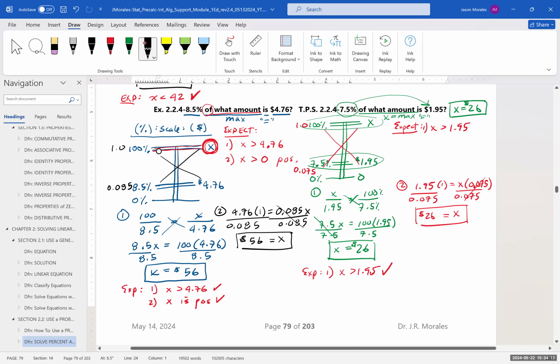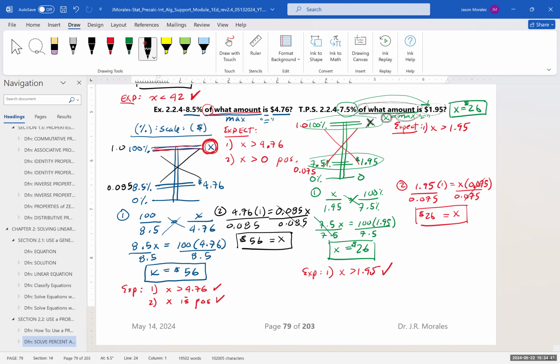Moving on to the next one, we've got 7.5% of what amount is $1.95. So here's that keyword, "of what amount." This is going to represent our maximum number. And because we don't know what that is, our maximum number on the number system they're giving us, which is in dollars, is going to be at the very top.